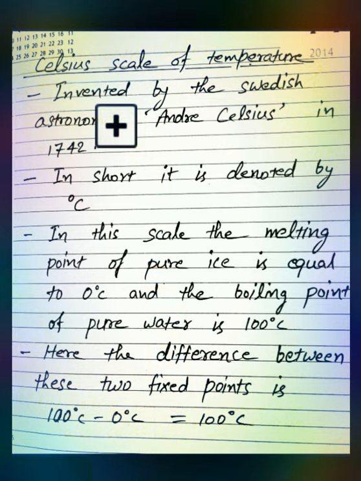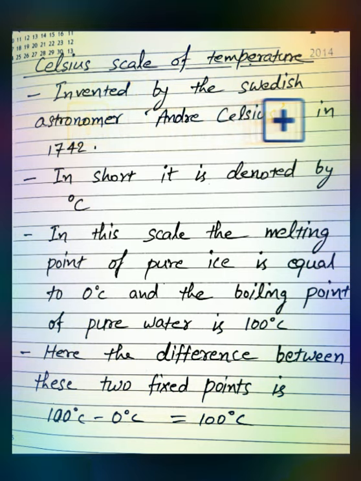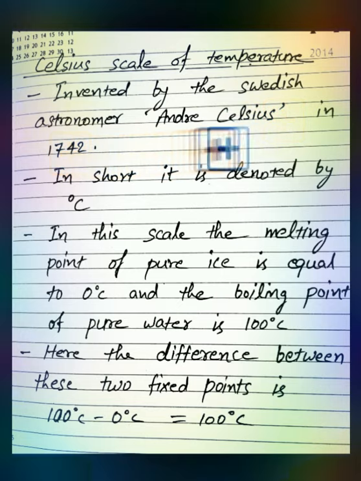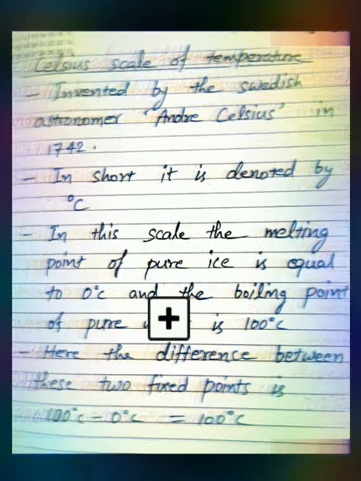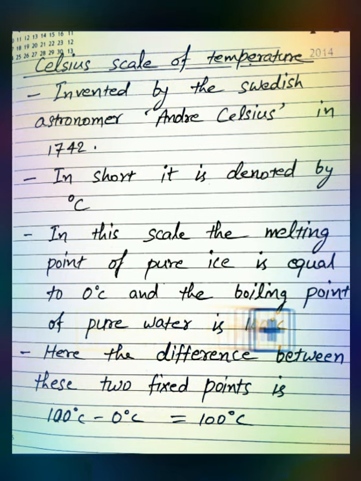First of all, you can see the Celsius scale of temperature. Celsius scale, you can see, is invented by Swedish astronomer Anders Celsius in 1742. So who invented and when did he invent? You can see, in short it is denoted by degree C, capital C should be here. In this scale the melting point of pure ice is equal to 0 degree Celsius, and boiling point of pure water, that is upper fixed point, is 100 degree Celsius.